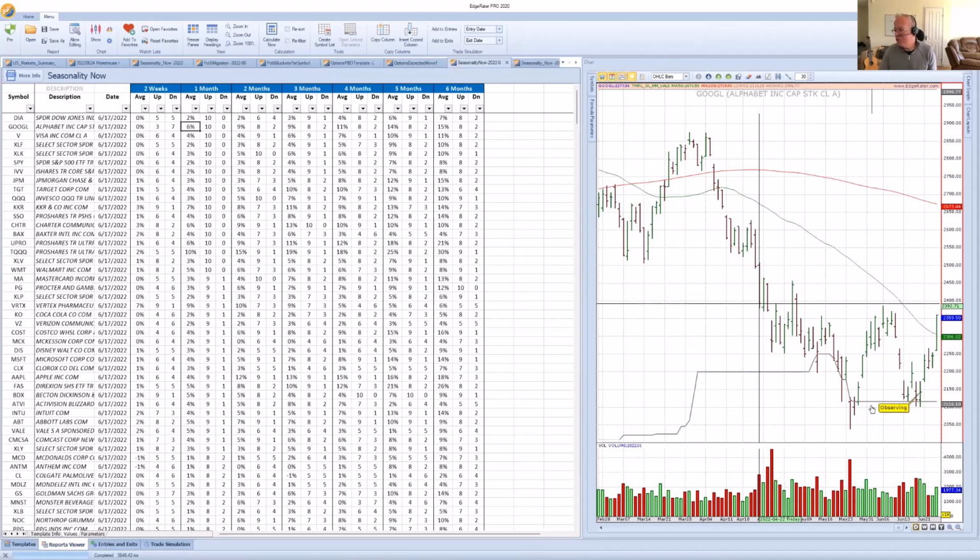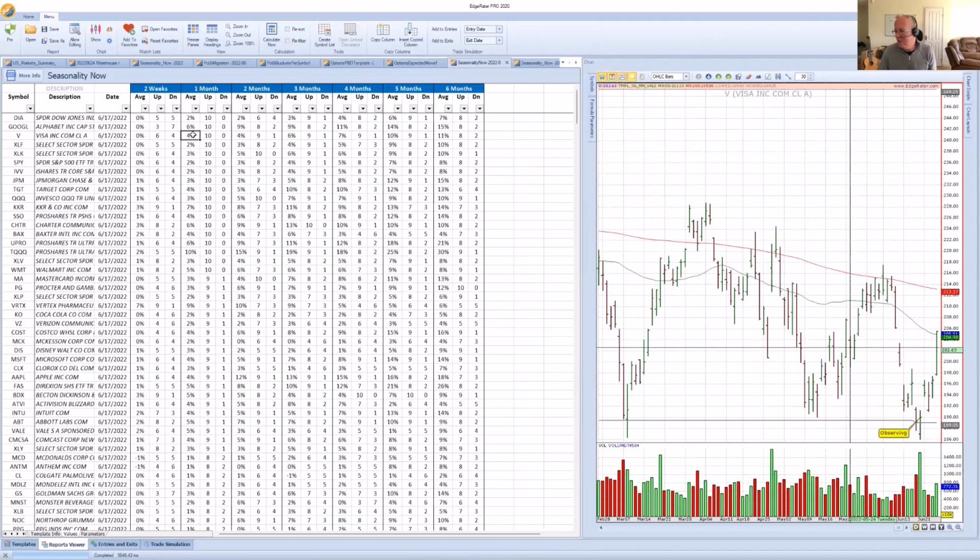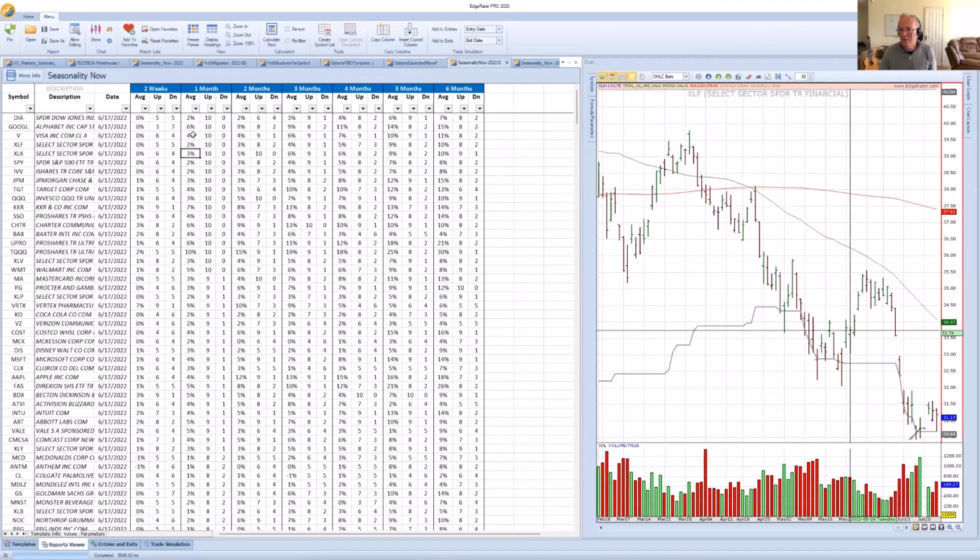It's always tricky to try and trade something when it's down. You don't know how far down it's going to go, but this gives you some confidence. Of course, you still have to have good risk reward parameters, but it gives you some confidence that things might move. If they do move, they might move quickly. So Google turned out to be good, and Visa turned out to be good.